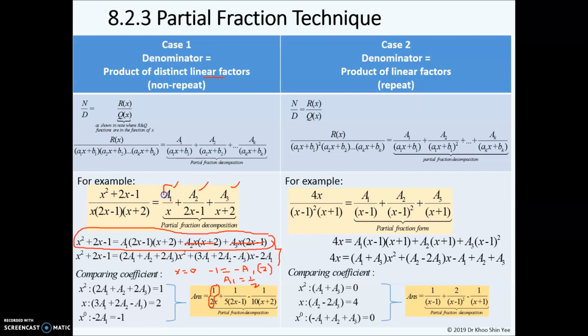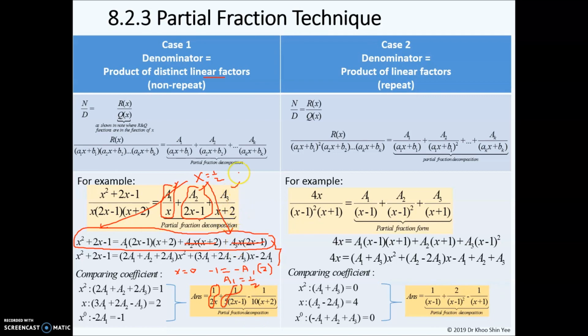So it means if you want to find a1, let x equal to 0, then you can find a1, 1 over 2. To find a2, let x equal to 1 over 2, right? You substitute inside both sides, then you should be able to find a2, which is equal to 1 over 5.